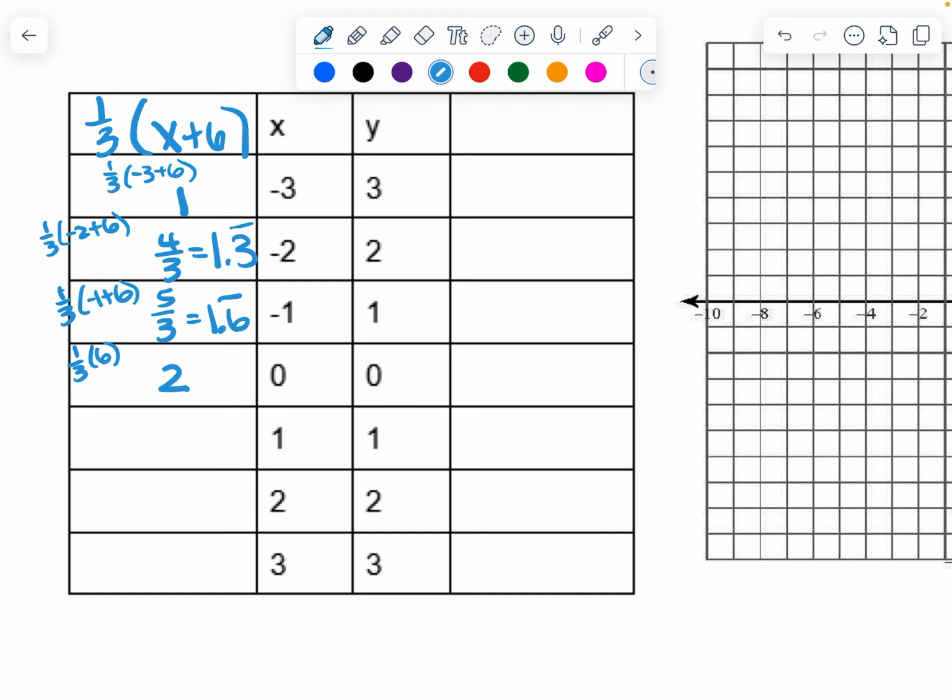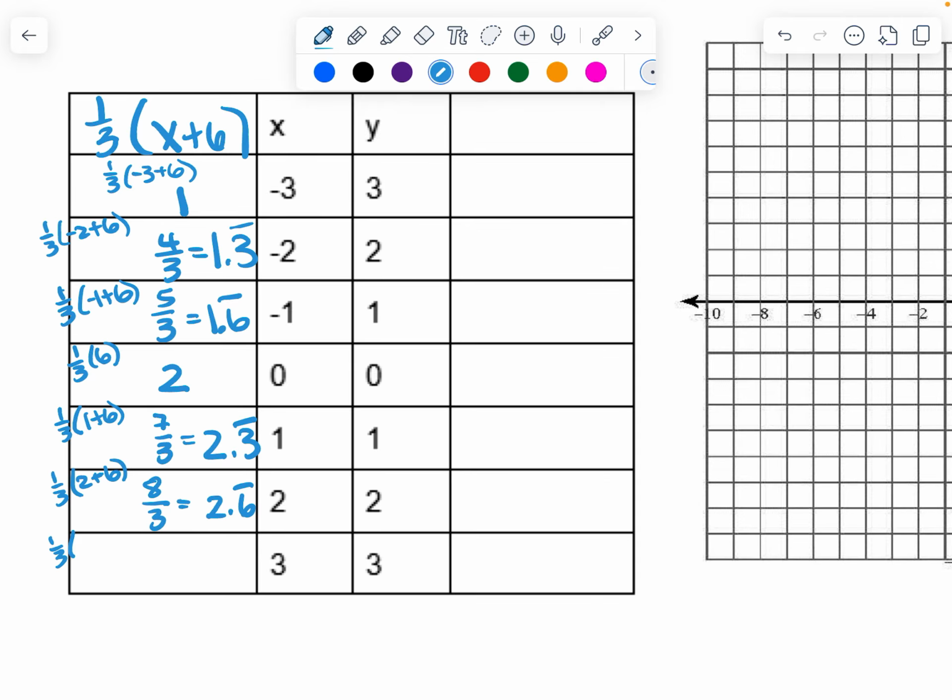And then if I plug in 1, I get 1/3 of 1 plus 6, which is 7/3, which is 2.3 repeating. And I get 1/3 of 2 plus 6, which is 8/3, which is 2.6 repeating.